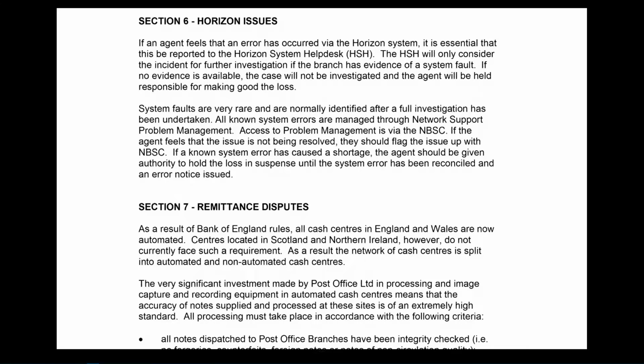Now, this was drafted or produced in 2003. We know from the Bates and others litigation, the group action, and the judgment of Mr Justice Fraser, that there are a number of bugs, errors and defects prior to that date. So in 2000, there was the calendar square bug.